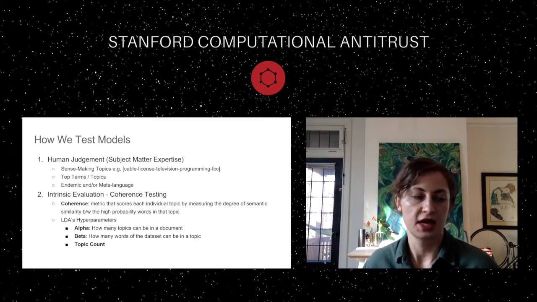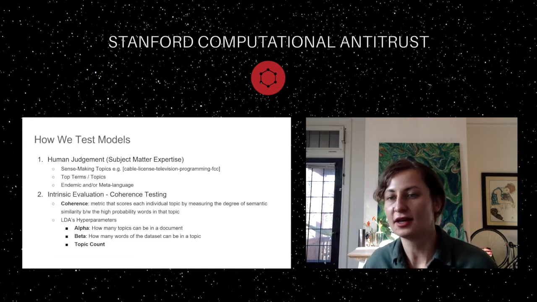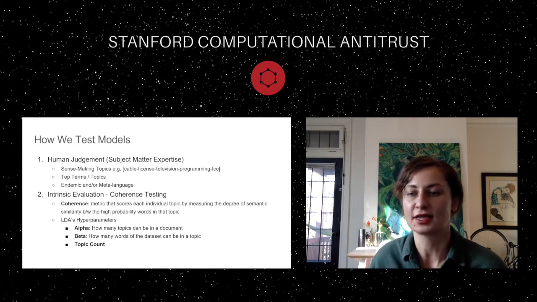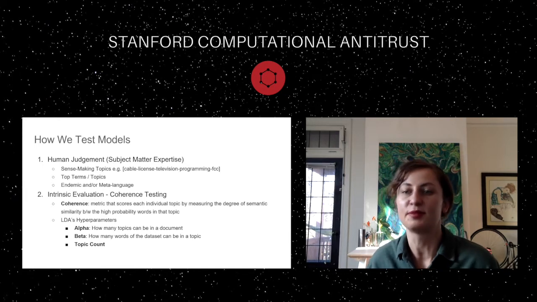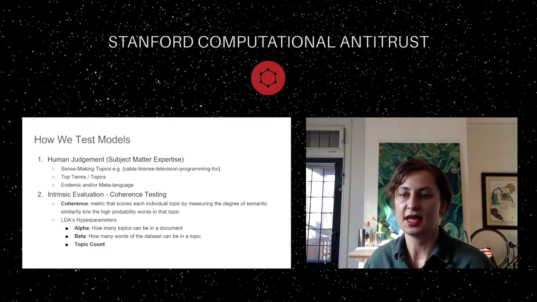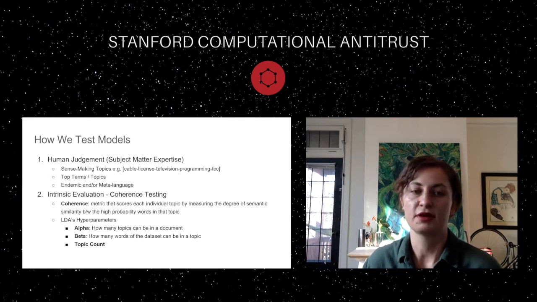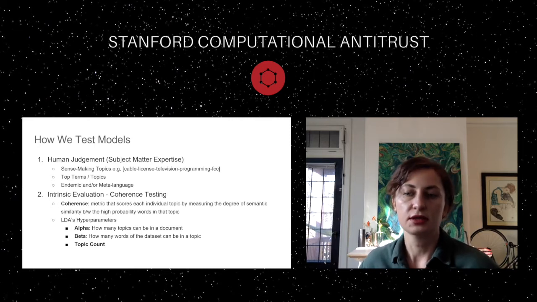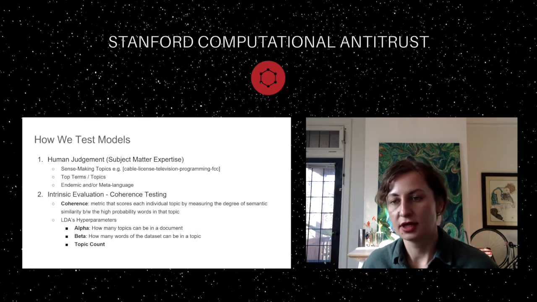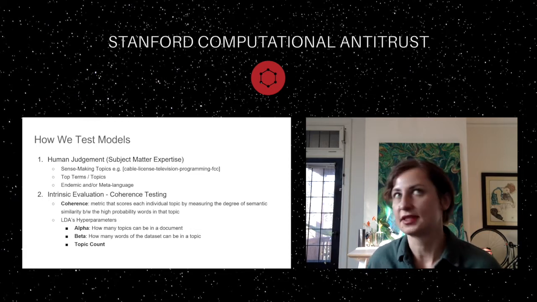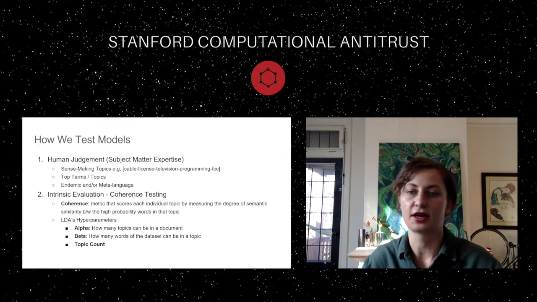We use kind of a mantra at this point of affirm and complicate. You want a certain number of your expectations of the data set to be met, and then maybe later on add in nuance to that. And then we also look for things like meta language, things like plaintiffs and defendants and case that occur kind of everywhere.